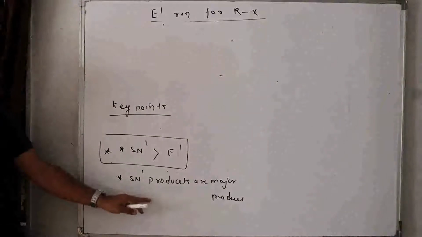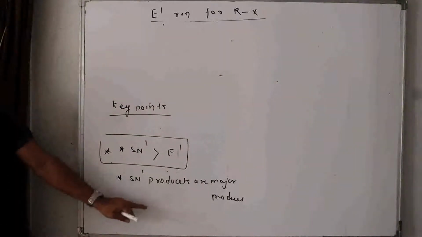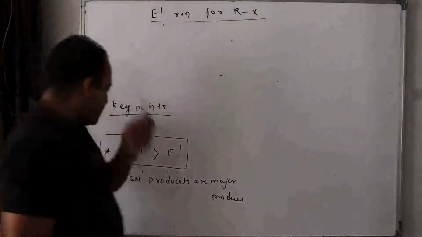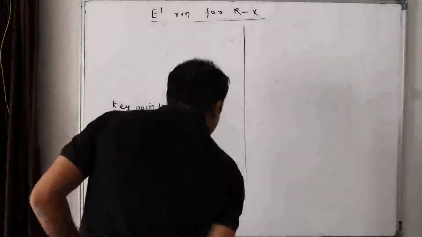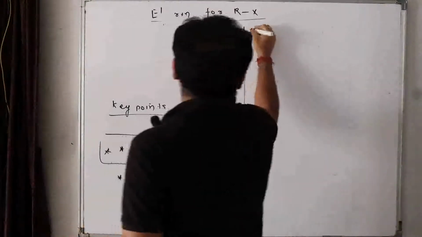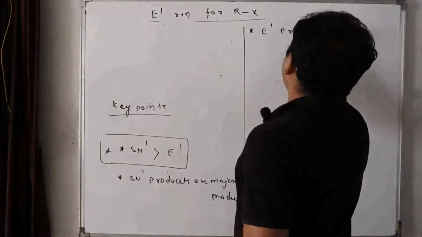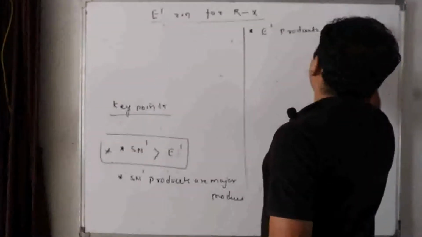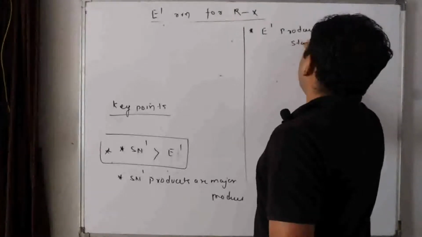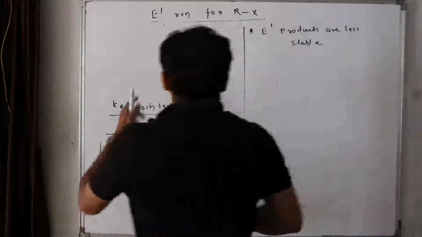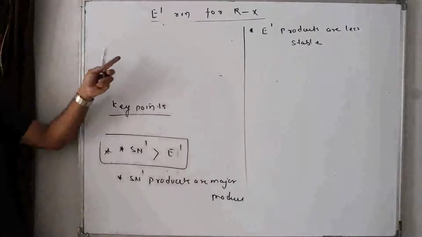SN1 products are major products. And I can rather say that E1 products are less stable. In this case, E1 products are less stable.